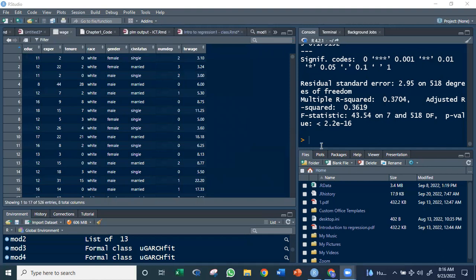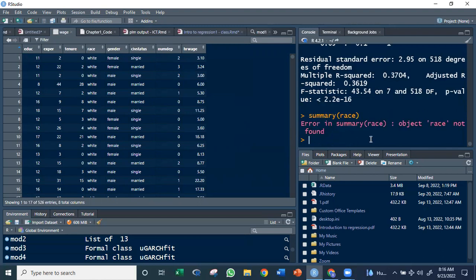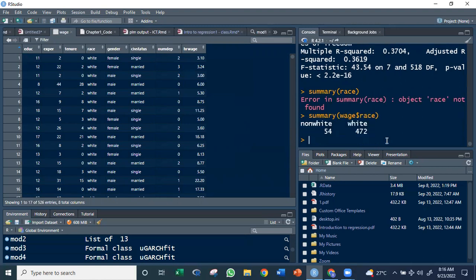For race, let's look. So summary, race. Oops, wait, sorry. It's not attached. So wage, dollar. Okay. The levels of race are non-white and white. 54 are non-white, 472 are white.